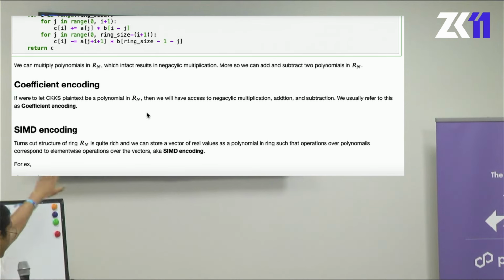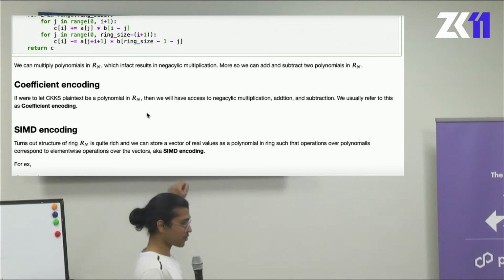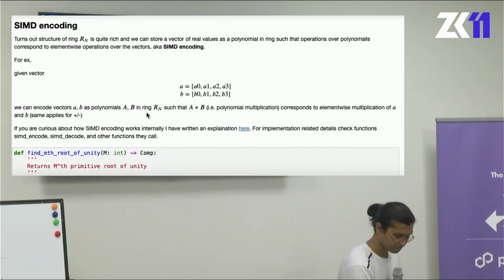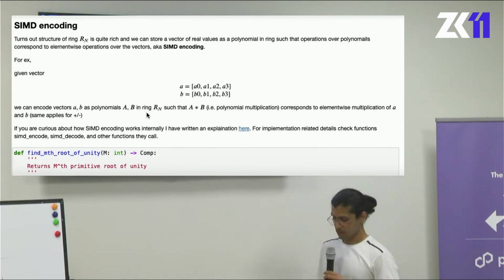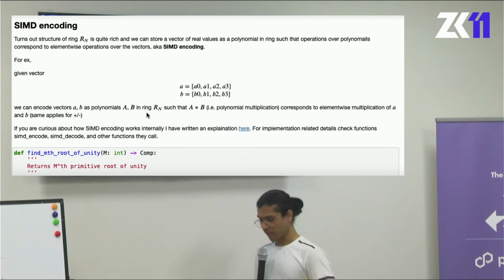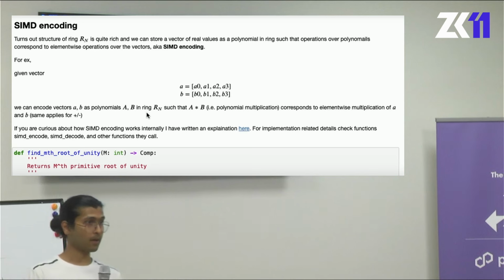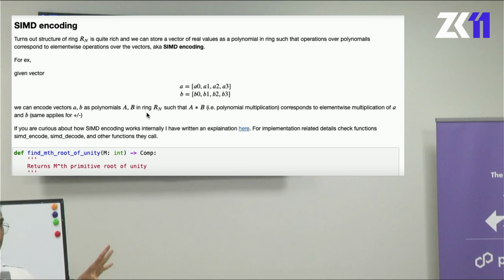So this is coefficient encoding, but there's also something called SIMD encoding. In SIMD encoding, you can encode a vector of reals as a polynomial, so that a multiplication in the polynomial domain acts like element-wise multiplication on the vector.